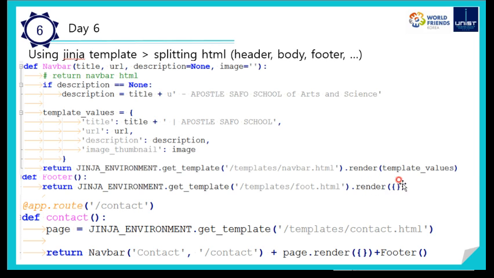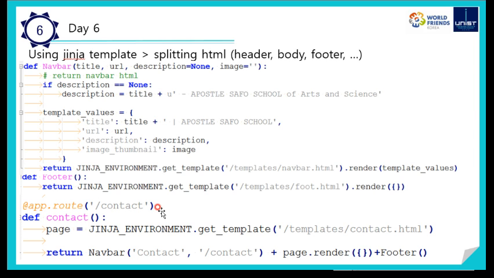And for the footer, we also make a function def footer, return templates/foot.html.render without parameter. So when you want to use this in the return statement, you put navbar parentheses like you call a Python function, and plus this is the body part for this URL. So in this case, it is slash contact.